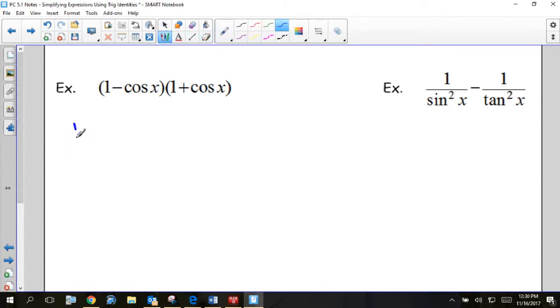All right, so 1 times 1 is 1. Then we do outside, which is plus cosine x. Then we do inside, which is minus cosine x.